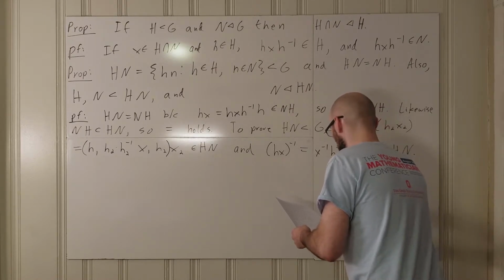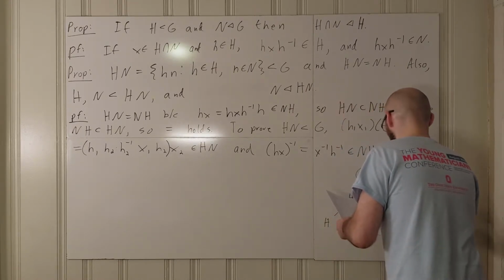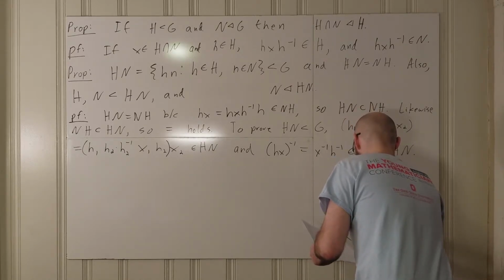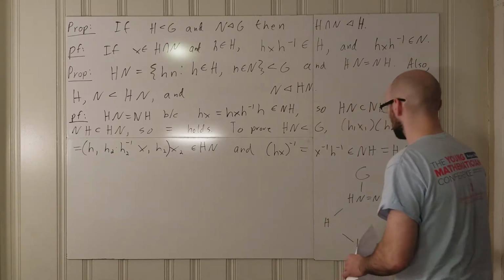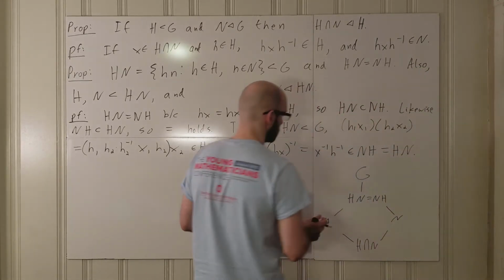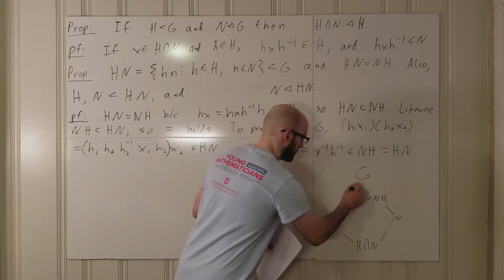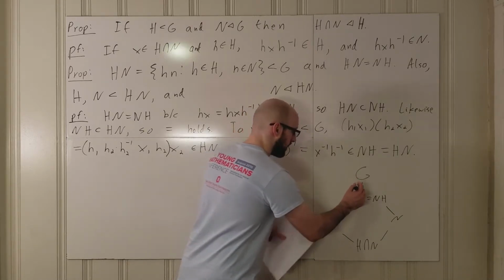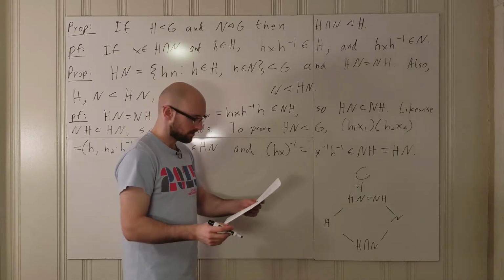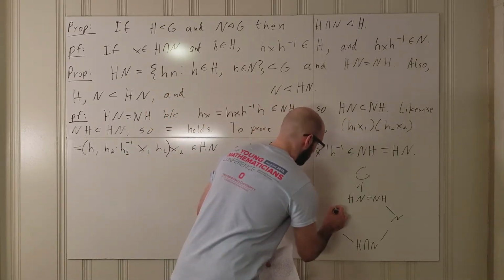Then we have H. This is N. This is H intersect N. So anytime I have a line here, that means subgroup. So I'll actually just write that. So we have HN and NH. These are subgroups of G. H is a subgroup of HN.